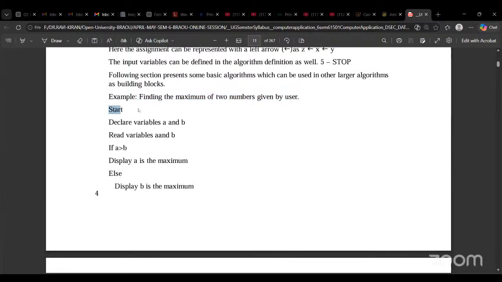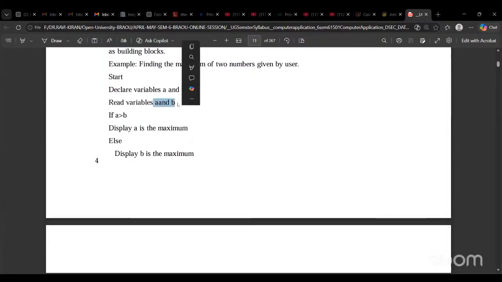So first it will start. The next one is declare the variables for the two numbers input that we have taken, A and B. And next read the variables A and B. If A greater than B, display A is the maximum. Else display B is the maximum.